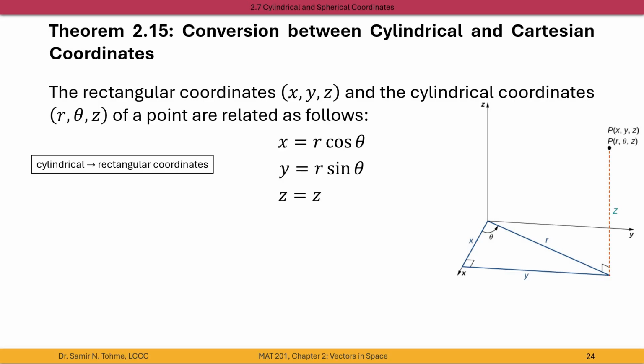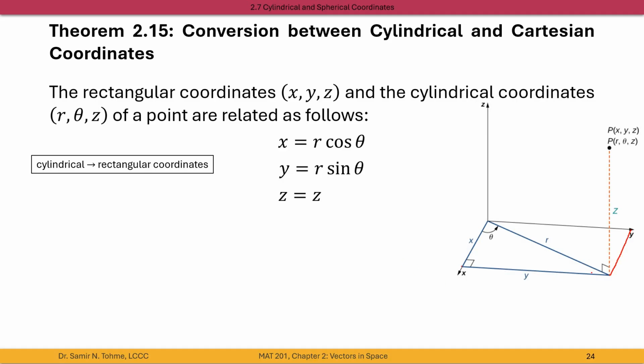After projecting onto the xy plane, you project onto the x-axis to find x and y. This is the value of x. You can also project to the y-axis to find y. This is y, which is the same as this one, since this is a rectangle and the parallel sides are equal.